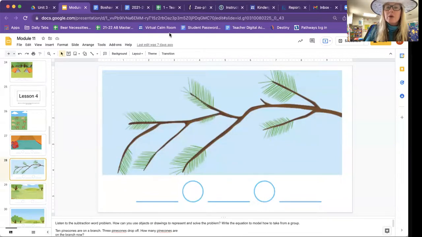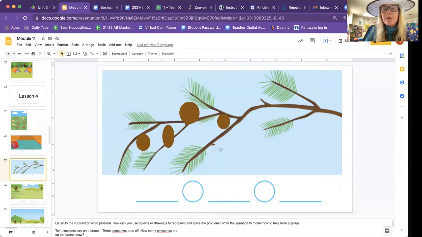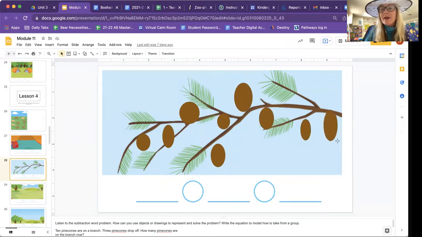So did you hear what the first number was? 10 pine cones. That's a lot. We have to draw a lot of pine cones. 1, 2, 3, 4, 5, 6, 7, 8, 9, 10.